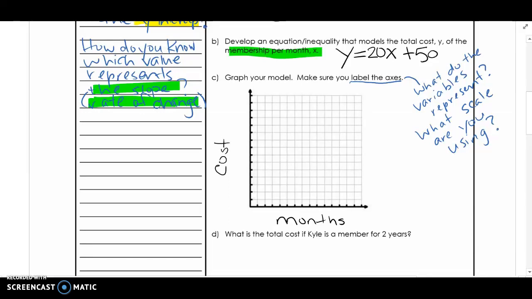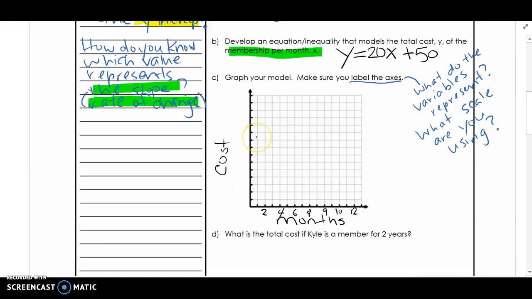You can use a scale of 1 on the x-axis because we can go by 1 month, 2 months. I'm just going to skip and label every other one. This gets me through a year of membership and how much the cost will increase over a year's time.